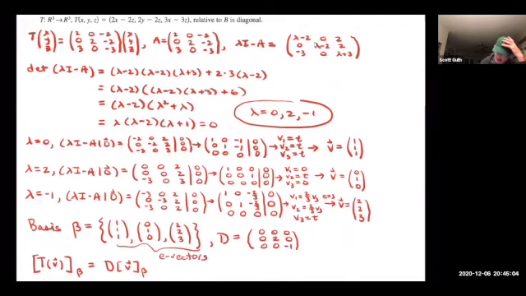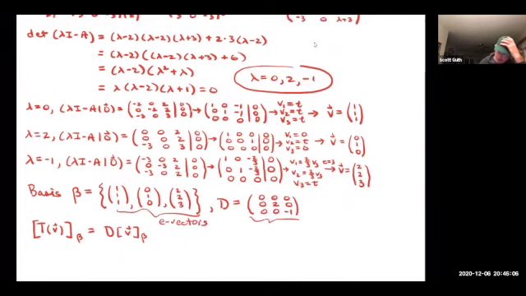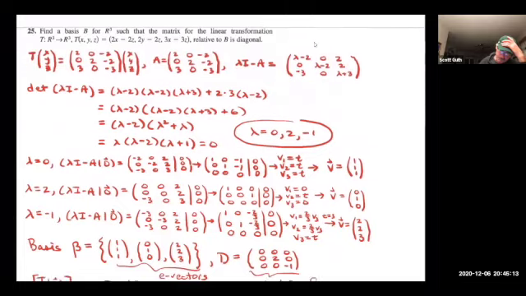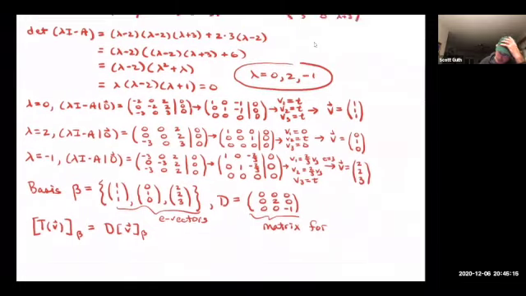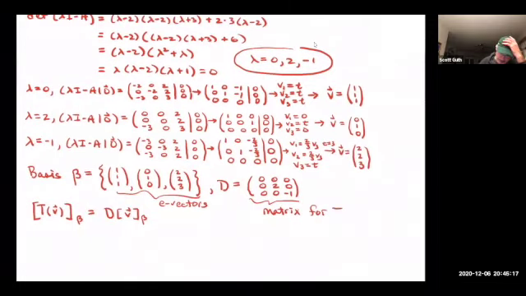And this is the matrix for the transformation. I think the transformation was called T. Yeah, this is a matrix for T relative to beta. And it's a much simpler matrix than the one we started with.